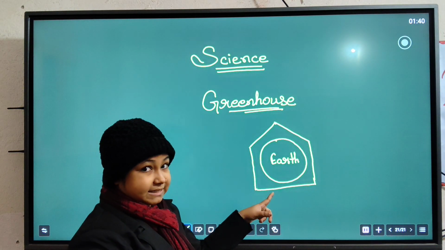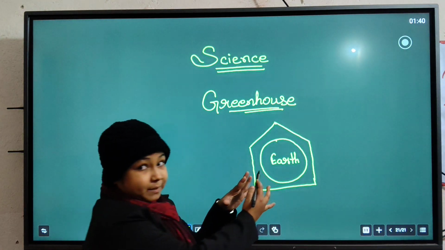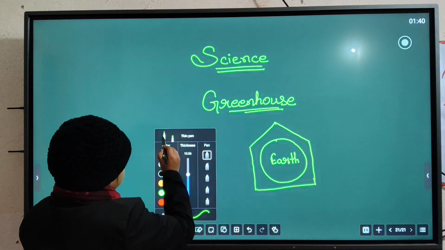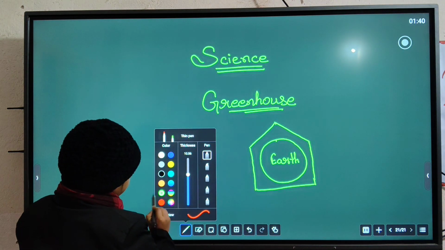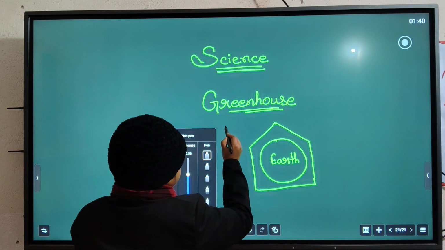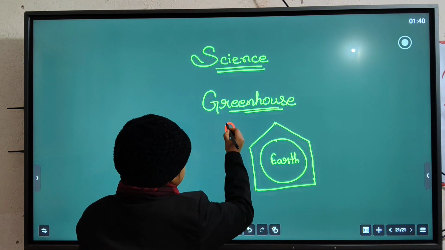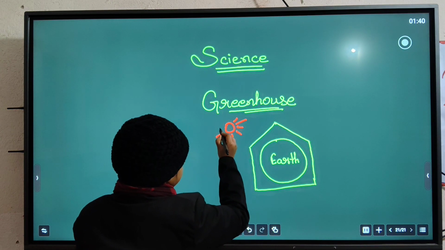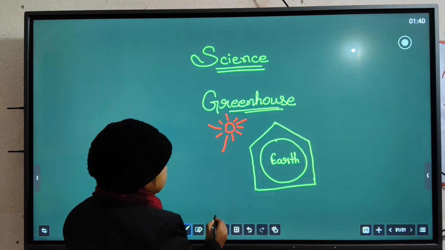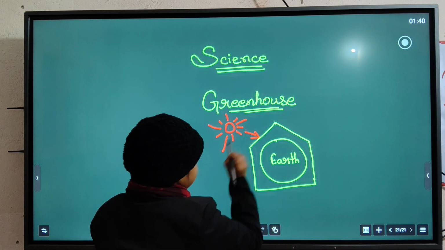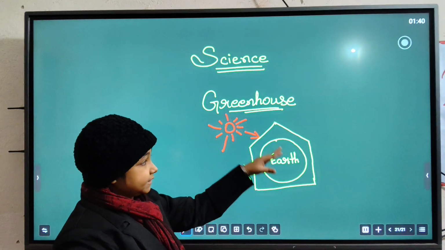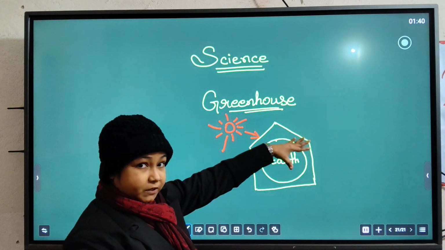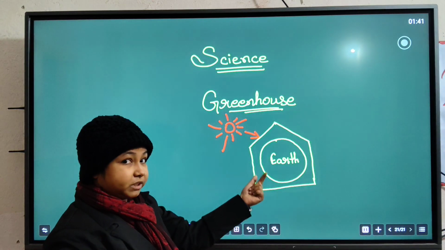These greenhouse glasses re-emit the sun rays coming to the earth's surface, which have to pass through the atmosphere present around the earth.